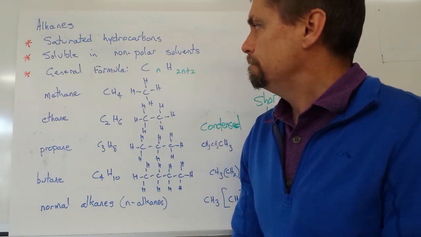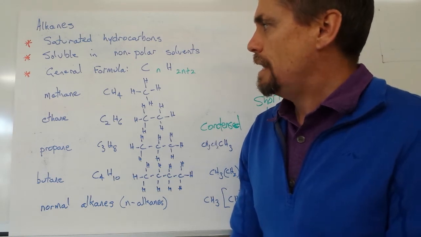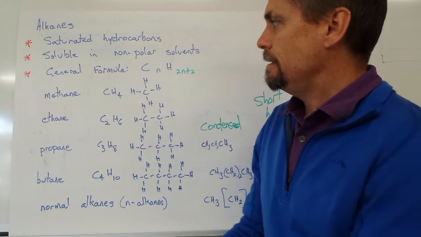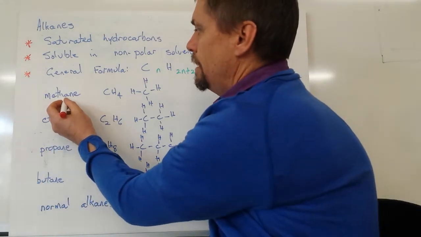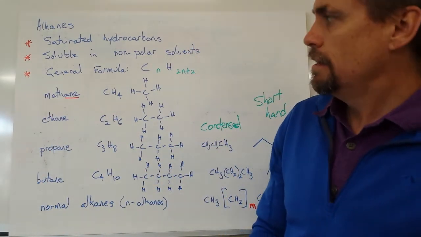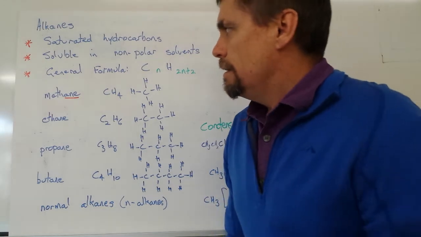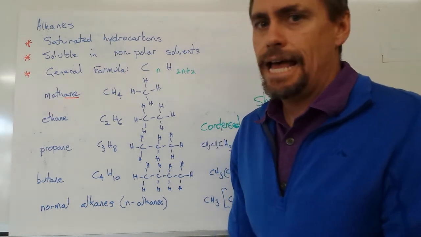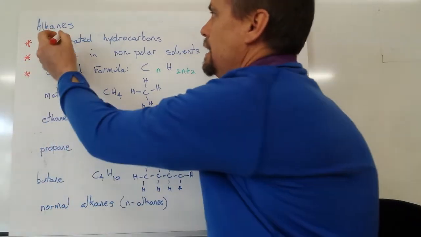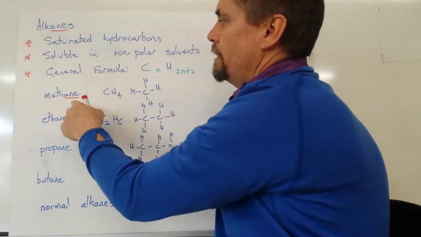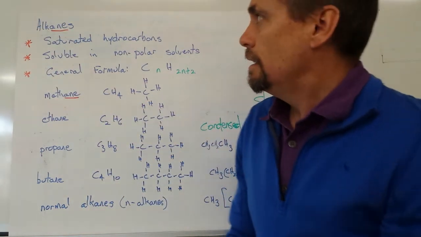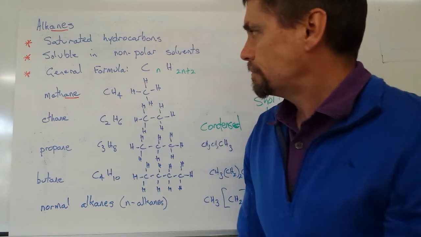So our simplest alkane is methane, and you'll notice that we have an ANE. The ANE represents the alkane. So we get the ANE from alkane, and that's transferred to our actual alkane.